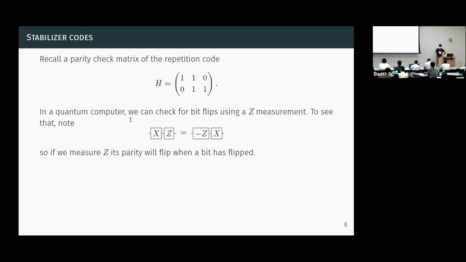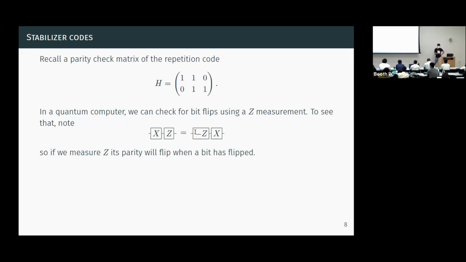we can check for bit flips using a Z-type measurement. And why is that? It's because Z anti-commutes with X. Okay, so if we had an X error occur somewhere before our measurement, and then we have a Z-type measurement, then if we commute it through X, the eigenvalue gets flipped. Right?